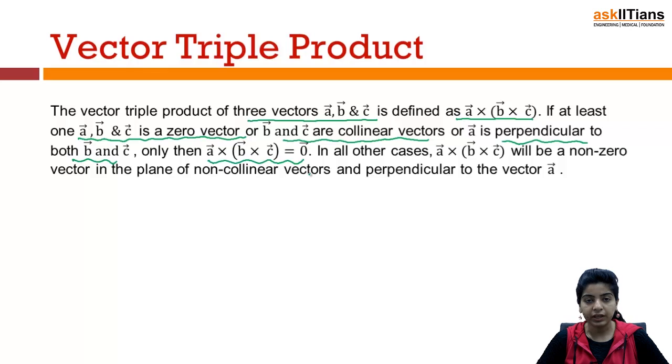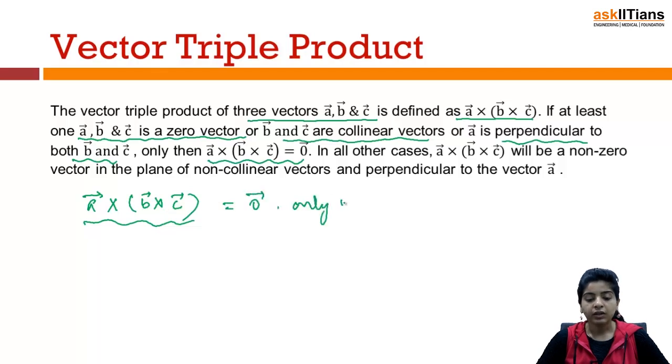This just means that in the vector triple product we have three vectors and we are finding the triple product, therefore it is called the vector triple product. This product will turn out to be a zero vector only in these situations: 1, when one of A, B or C is a zero vector.